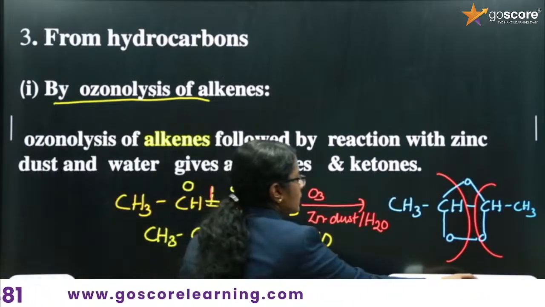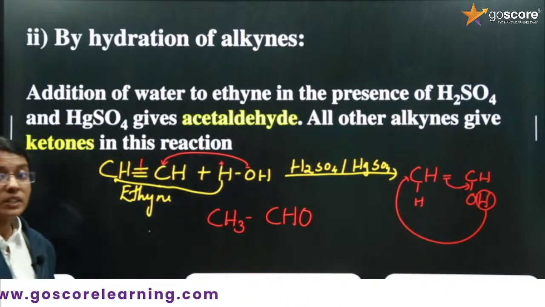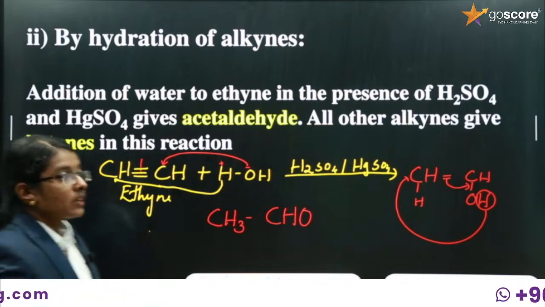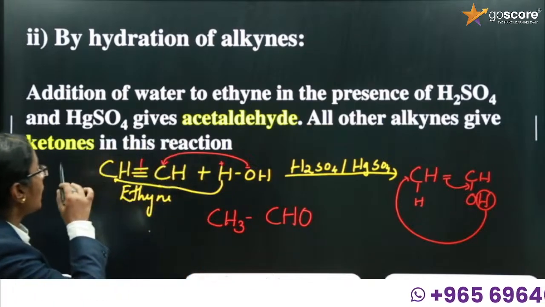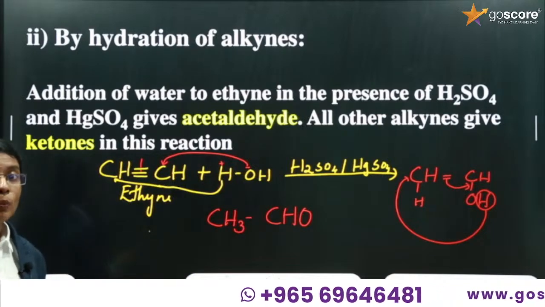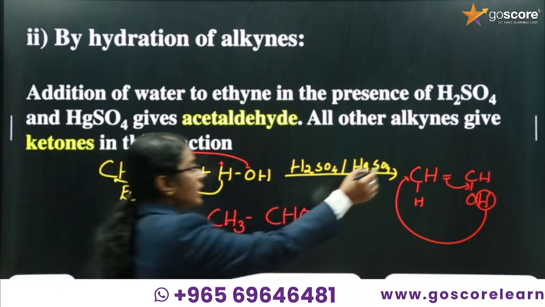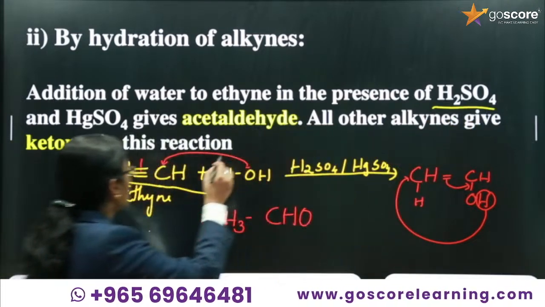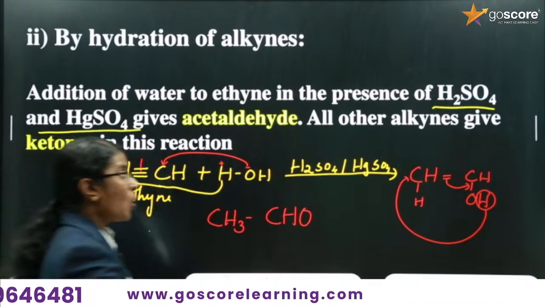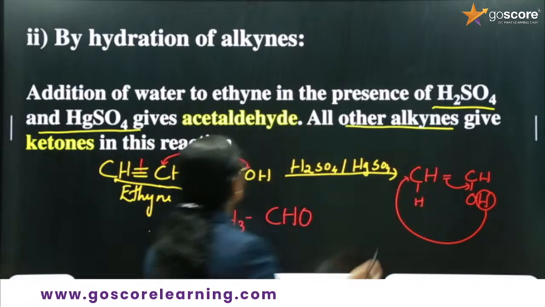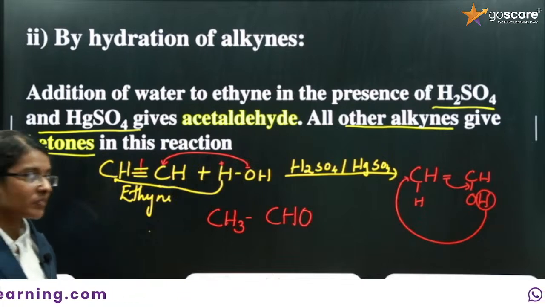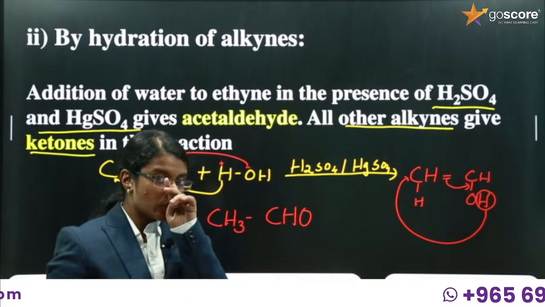And the next one is by the hydration of alkyne, that is addition of water. If you take ethyne, addition of water in presence of sulfuric acid and mercuric sulfate will give acetaldehyde. All other alkynes will give ketone.